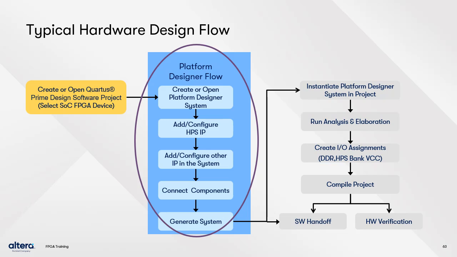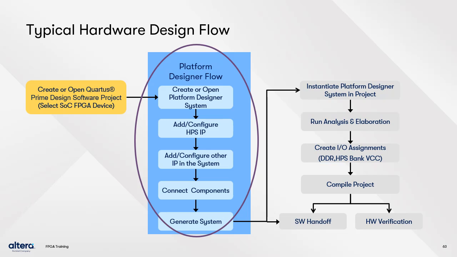Here's a summary of the SoC hardware design flow again. You start with the Quartus Prime software project and set it to compile for one of the SoC devices. Then within Platform Designer, create a system, add, configure, and connect components, including the HPS, custom IP, or other off-the-shelf IP. Finally, generate the Platform Designer system, which includes HDL files of the system along with other files such as software handoff files.